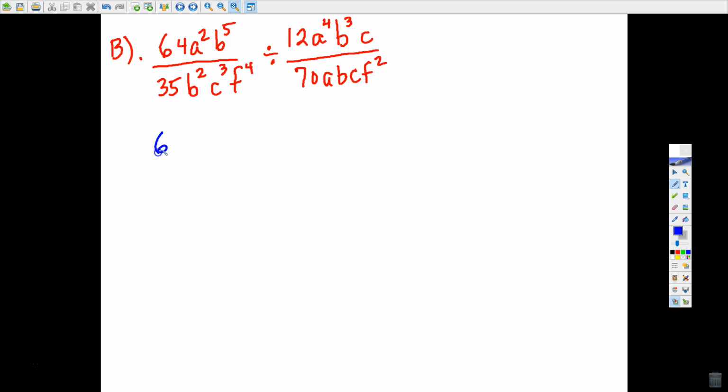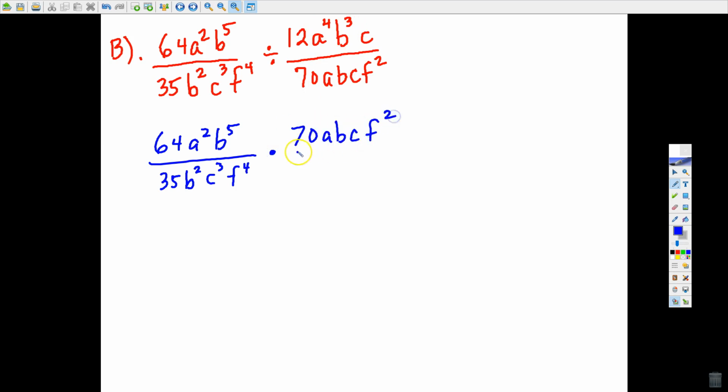Okay, so nothing changes for this left fraction. But division is going to become multiplication, and this fraction then is going to be flipped over. And now I'm back to the same type of problem I had before.